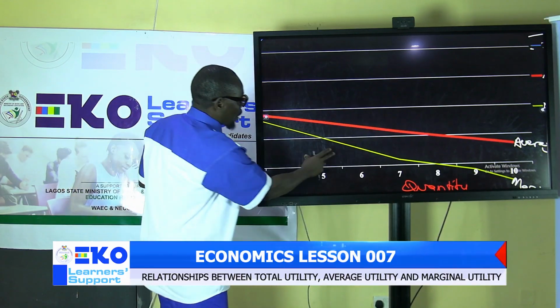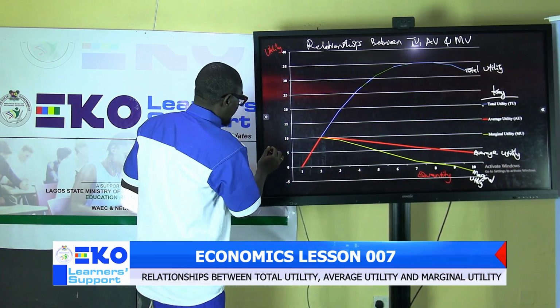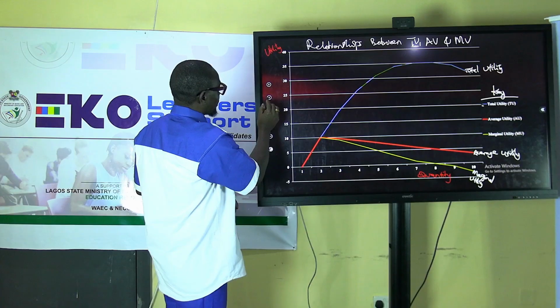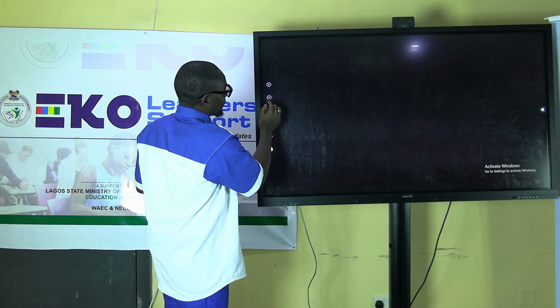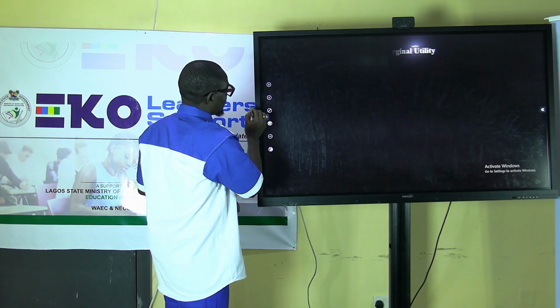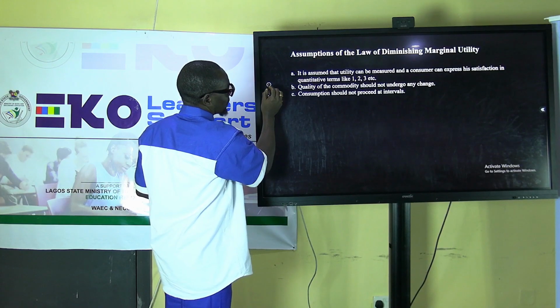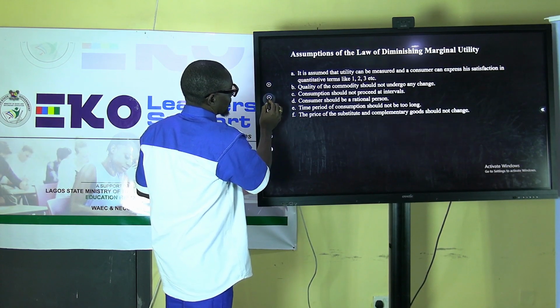So this is also very clear if we go to a schedule. A schedule can also show this.